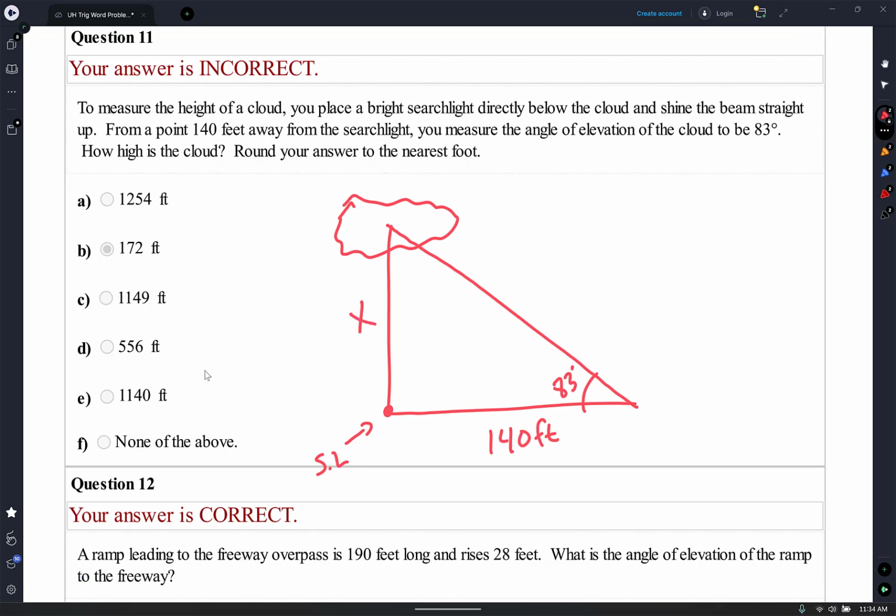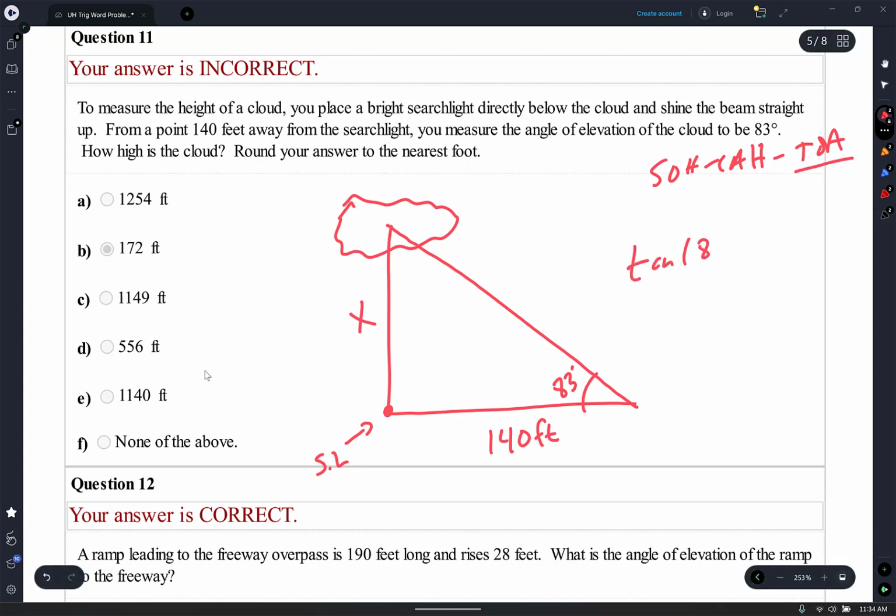So, SOHCAHTOA again. With respect to 83, that's opposite, that's adjacent, so you're going to use tangent. So tan of 83 degrees is equal to x over 140. So times 140, so 140 tan 83 degrees equals x.